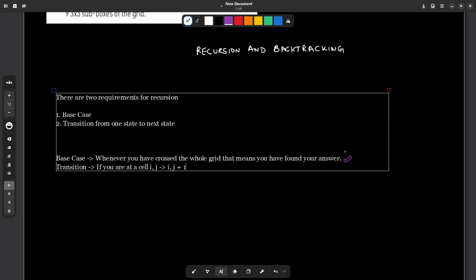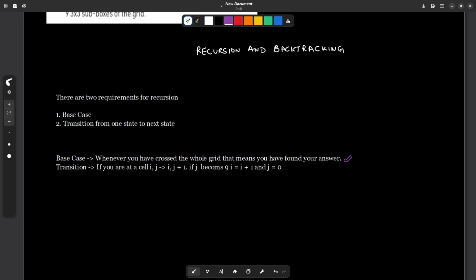Now if j becomes 9, that means you have moved out of the grid. Then in that particular case, i will become i plus 1 and j will become 0, right? So this is how you would make the transition. These are the only two things that you need. This is the first point and this is the second point. So for the transition, let me just also draw a simple grid.